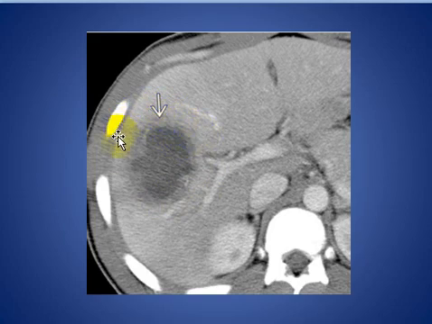And you see also the hyperemic area noted around the lesion. And we see here the anterior segment of the right portal vein. It is occluded in this patient.